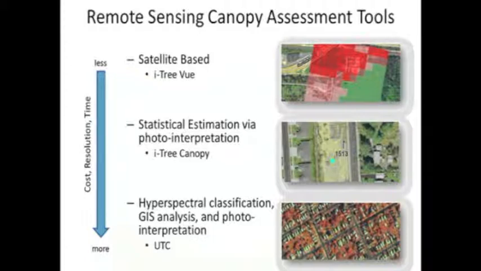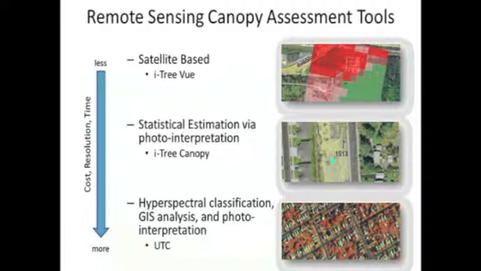Just really quickly, in terms of the arrow on the left side, you can frame the three tools all the way down to a very high-end, really accurate hyperspectral UTC analysis. You're talking very low cost for the satellite data that View uses, and very little time involved, but at the same time the resolution is low too, because you are getting data generated from a sensor platform that's 500 miles up in the air.